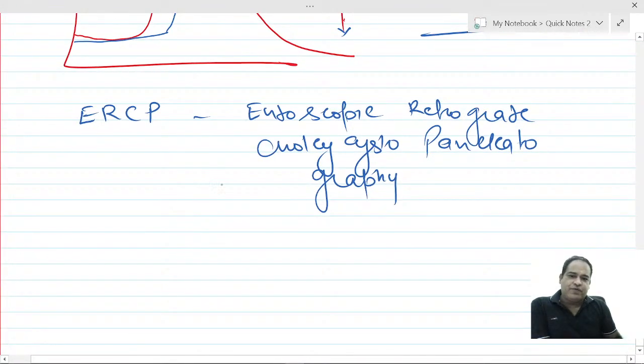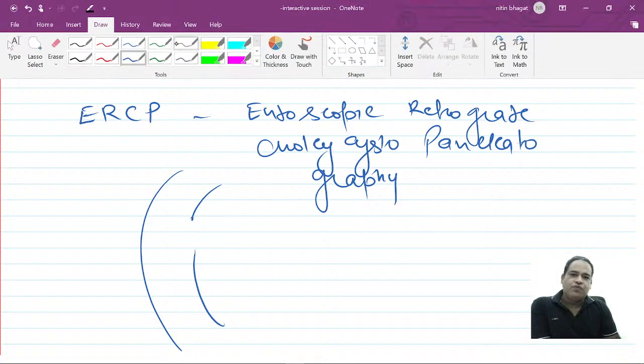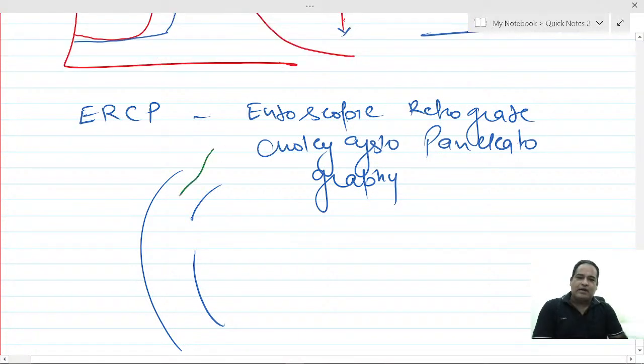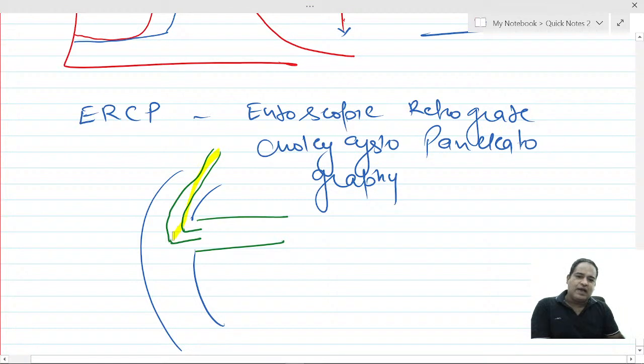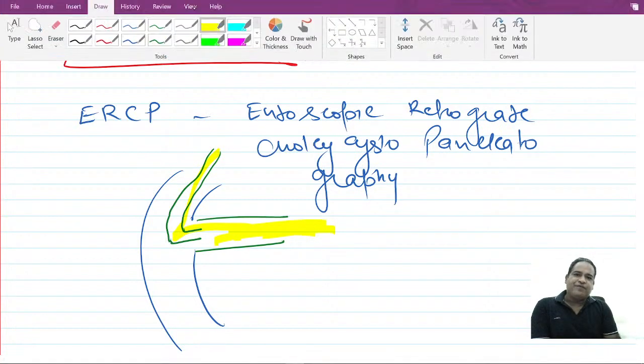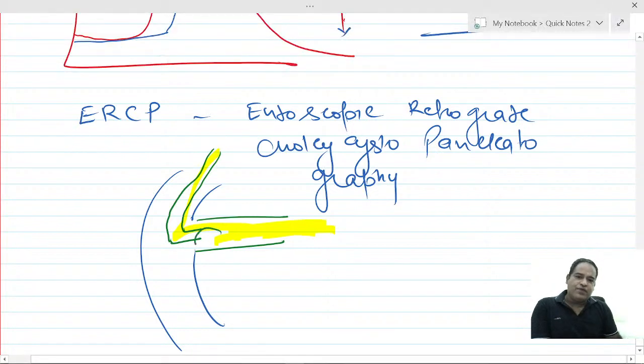So you see here what we do is, we take our camera right up to the second part of the duodenum. We take our probe right up to the second part of the duodenum. And here we can inject a dye. Here, if there is a stone present, we can pick up that stone and remove it.